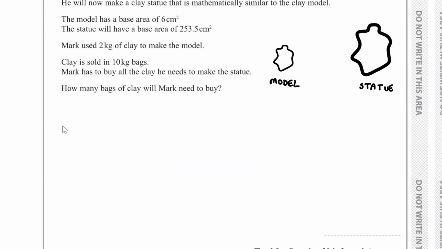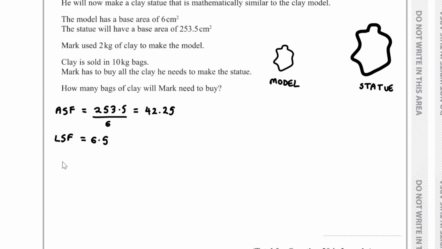So with this, we can find the area scale factor. So area scale factor, that's equal to 253.5 divided by 6, which is 42.25. So therefore the length scale factor, that's equal to the square root of this, which is 6.5.